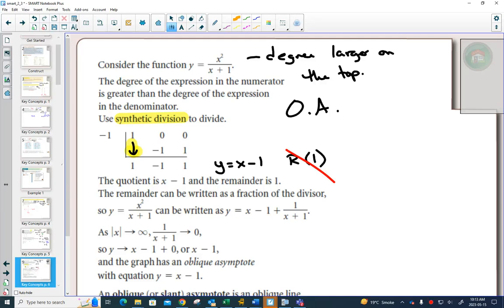The equation that you get, this will be your diagonal or oblique asymptote.